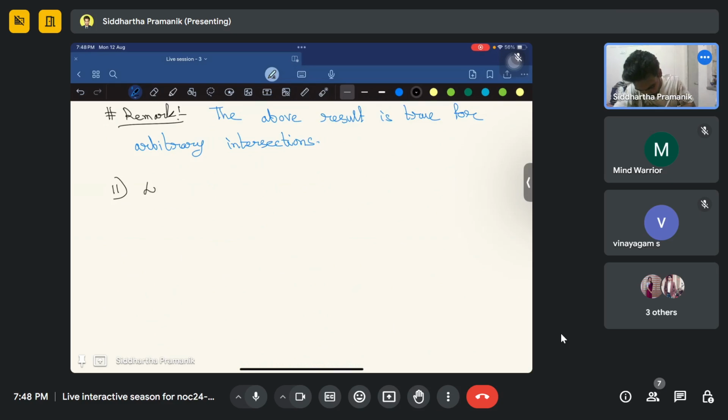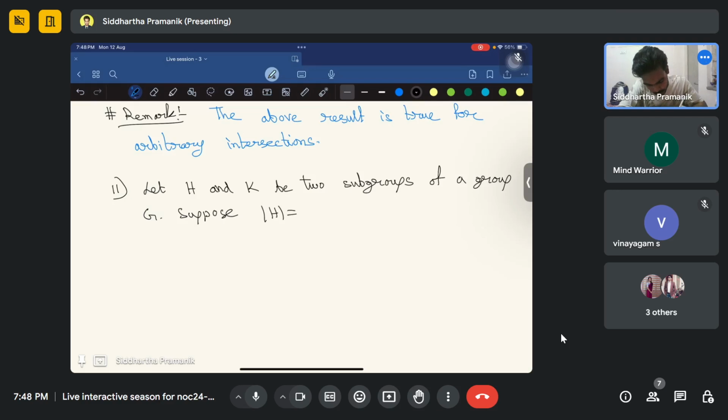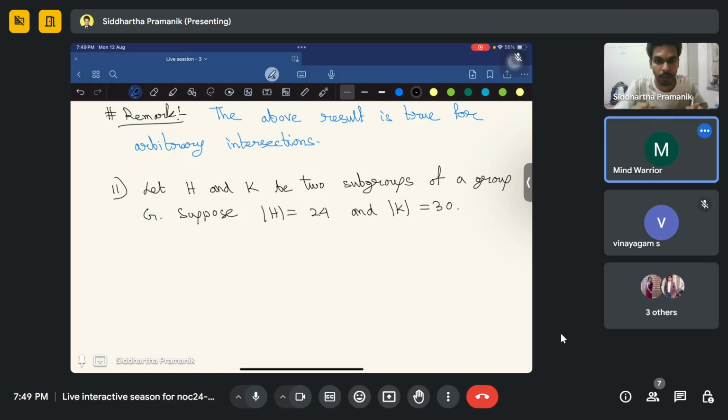So let H and K be two subgroups of a group G. Also assume order of H is 24 and order of K is 30.